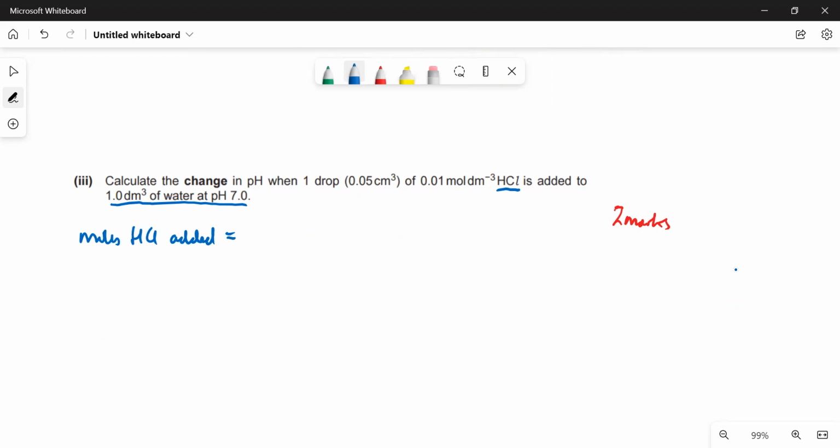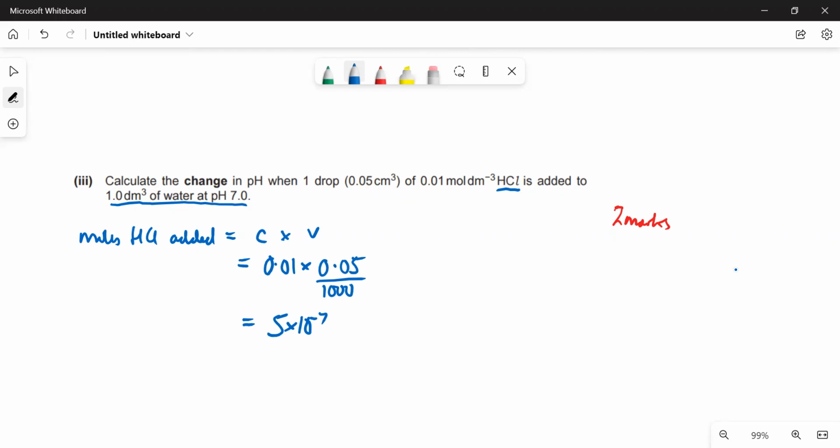That's concentration times volume, which is 0.01 times 0.05 divided by 1,000. That gives us a very small number, 5 times 10 to the minus 7.